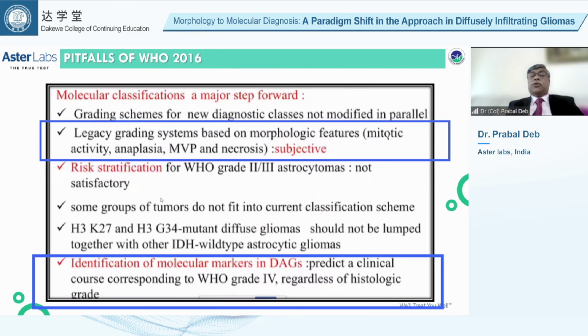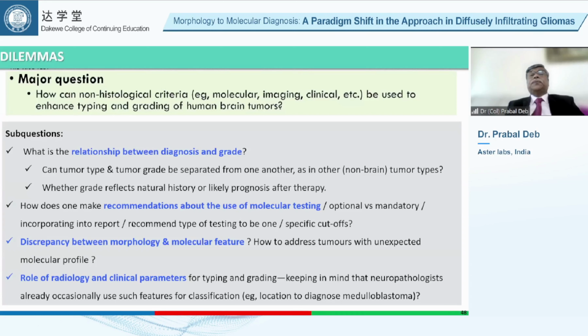Risk stratification was not satisfactory. Again, most important were the molecular markers used in diffuse astrocytic gliomas. It was seen that if we do not assess for those, it can be missed out. So there were a lot of dilemmas.